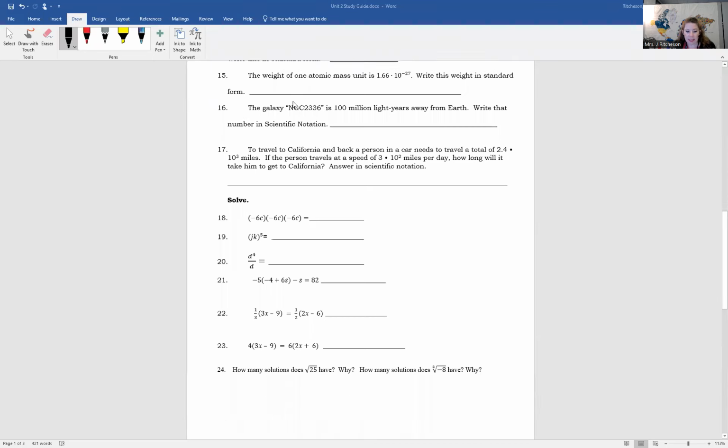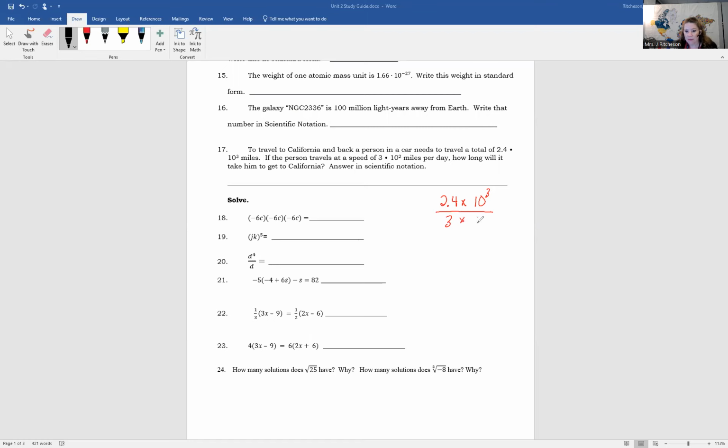All right, number 17, to travel to California, a person needs a car to travel a total of 2.4 times 10 to the 3rd. If we travel at 3 times 10 to the 2nd miles per day, how long? So basically, guys, we are dividing. We're dividing the distance by our speed.